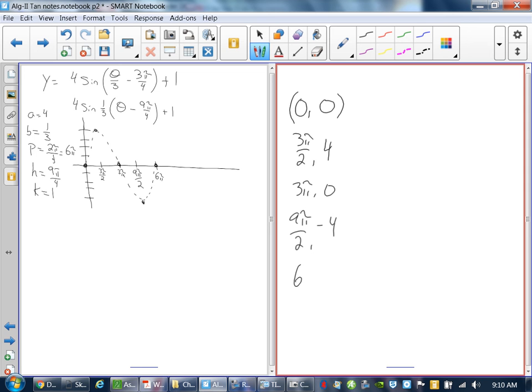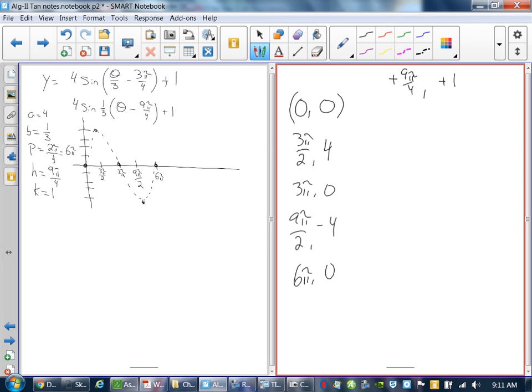And 6 pi and 0. So with the phase shift, the H and the K, I have to move each one of these: I have to add 9 pi over 4, and then I have to add 1. So it's going to be plus 9 pi over 4 and plus 1.